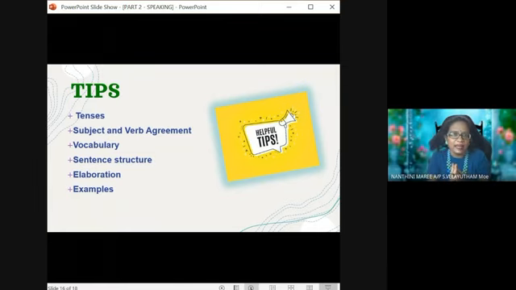Give examples. So girls and boys, remember tenses. Practice from now. Be alert with your tenses, subject-verb agreement, vocabulary, sentence structures, elaboration, examples. With these taken care of, you should get good bands for your speaking component.